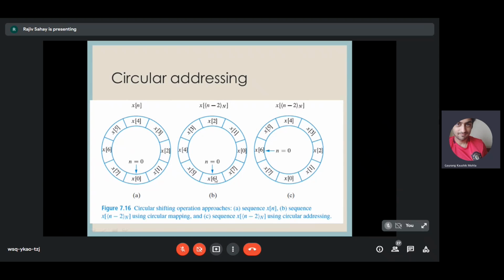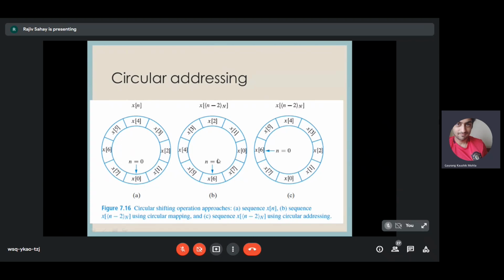You are changing all the values inside the circular buffer. Is it not? You are moving x0 ahead by 2 steps. So whatever was at x0 is being replaced by x6. Whatever was at x1 is being replaced by x7. So all values in the circular buffer are changed. So that is a very costly operation.